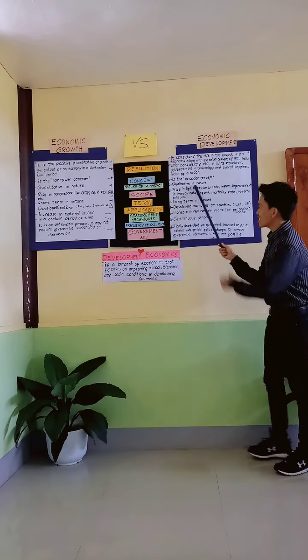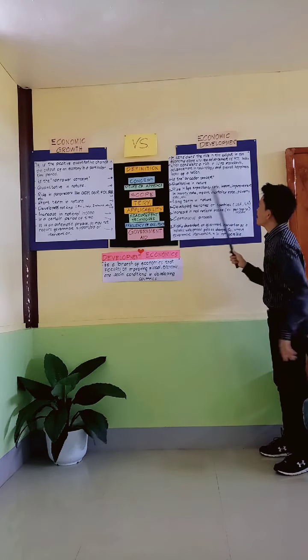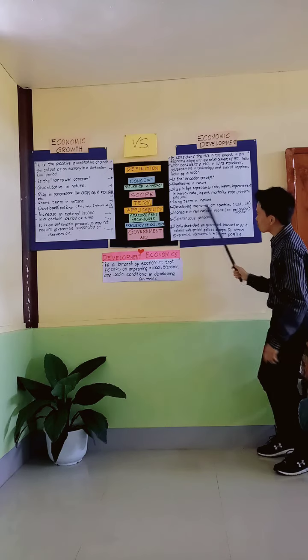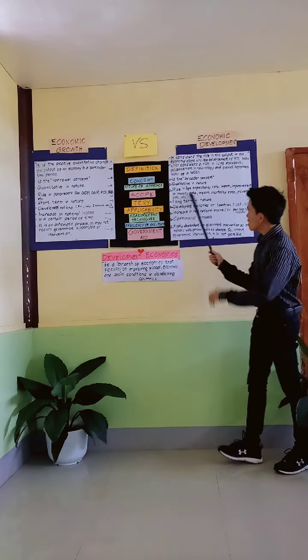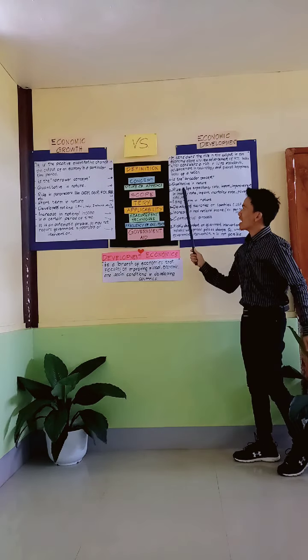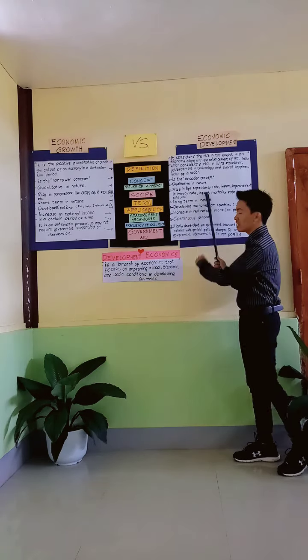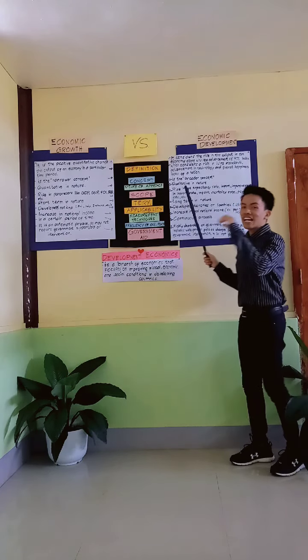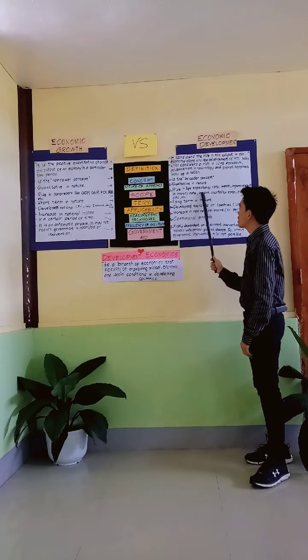Its scope: rise in life expectancy rate, improvement in literacy rate, infant mortality rate, poverty rate, and so on. As you can see here, it talks about humans. If there is a rise in life expectancy rate, that means a particular nation is an economically developed nation.